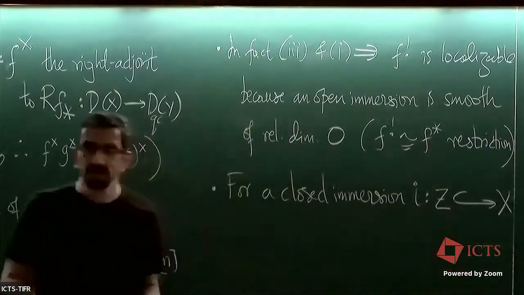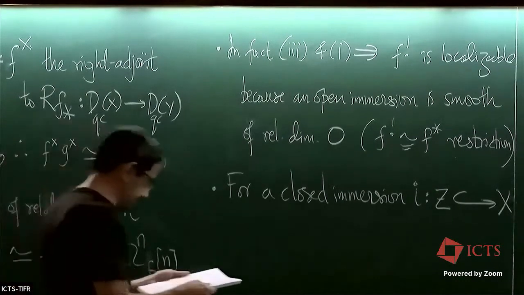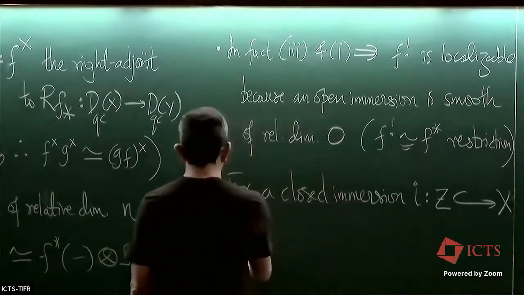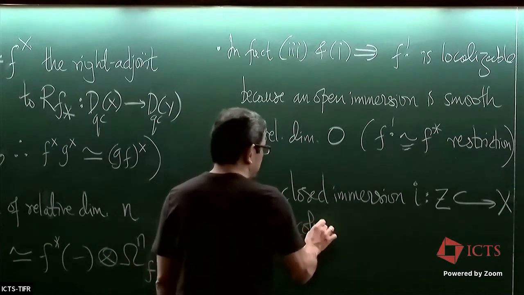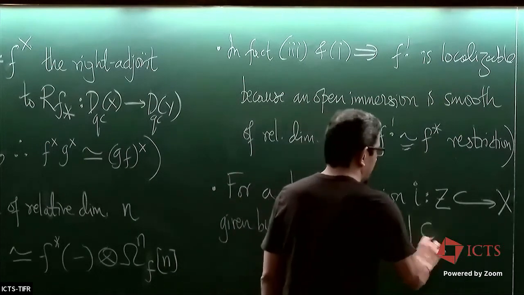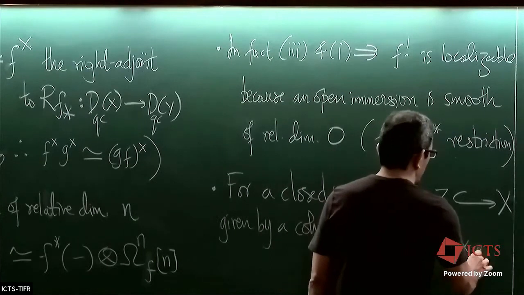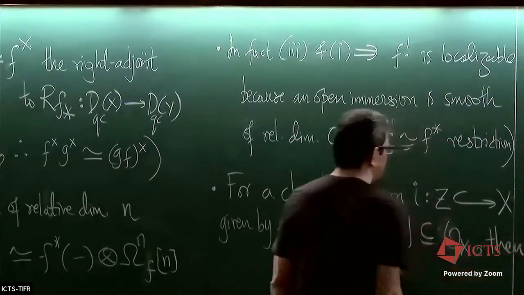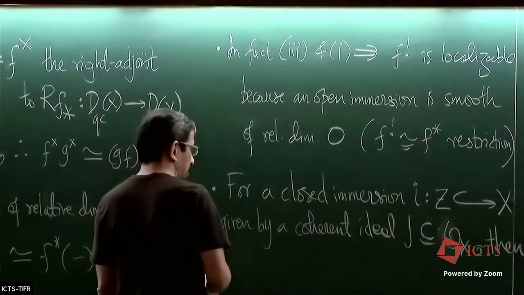If I take a closed subset given by some coherent ideal I inside OX, then by Hom tensor adjointness, I can say what the right adjoint should look like.